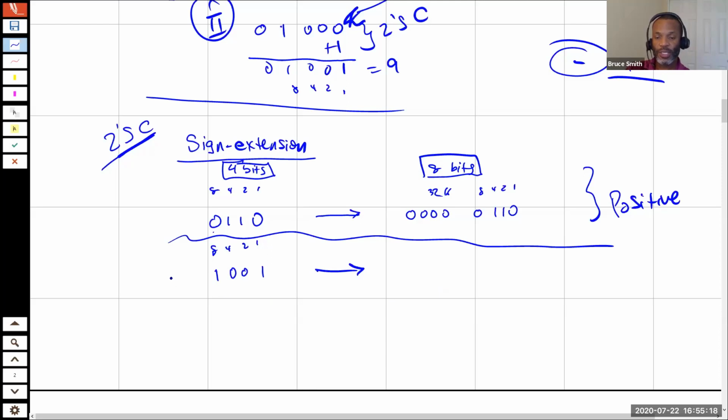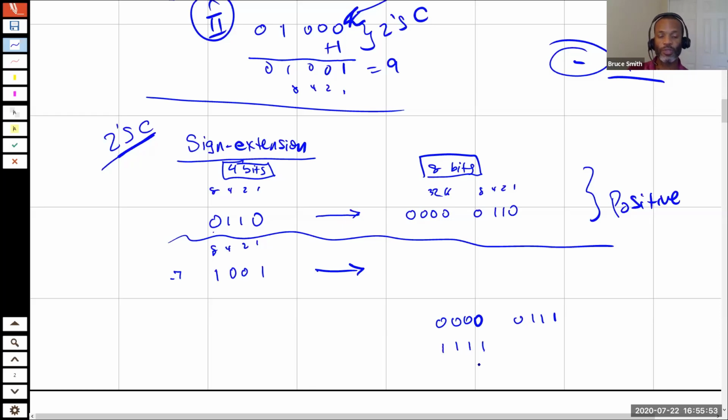So this is a -7. And if I start off with a positive 7 and make him negative, so here's my positive 7 here. I know that this is positive 7. 1, 2, 4. 4, 2, and 1. So that's a positive 7. If I want to get the -7, what I'm going to do is invert.